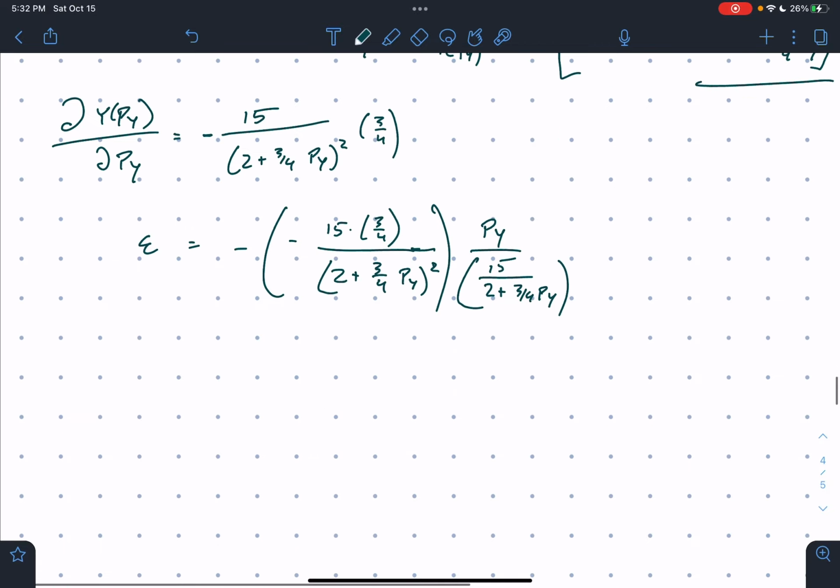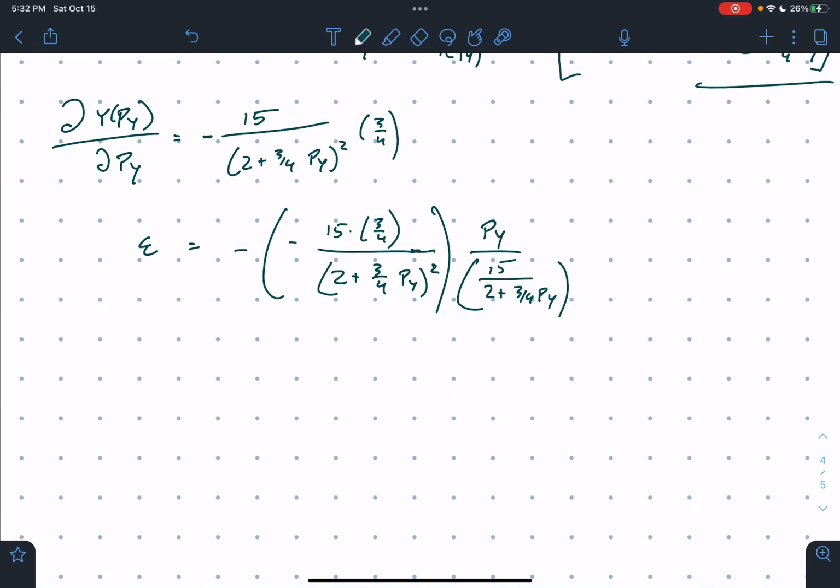So what I'm going to do is some cancellation. Note that these two negative signs cancel, so I'm just left with 15 times 3/4 over (2 plus 3/4 py) squared.